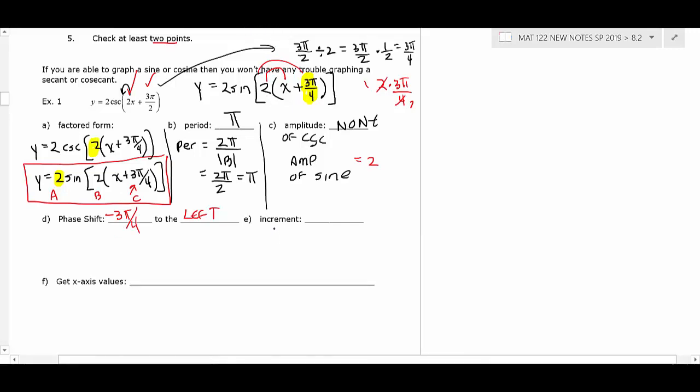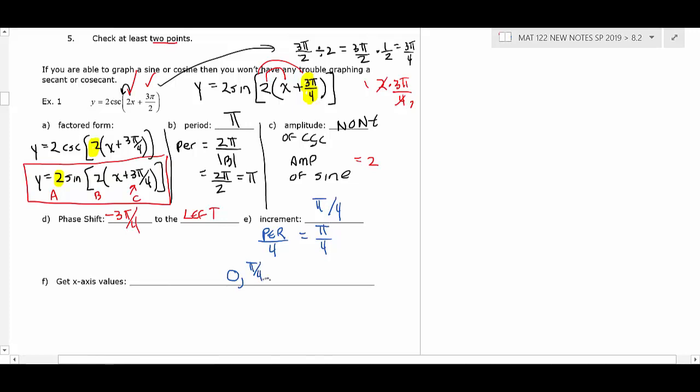Okay, how do you find the increment? We've already learned that. Period divided by 4. Okay, so take the period, which is pi, and divide that by 4. Okay, and that will tell you how to set up your x-axis. So what I recommend is, it's always a good idea to start at 0. Okay, and then just start counting by pi over 4.